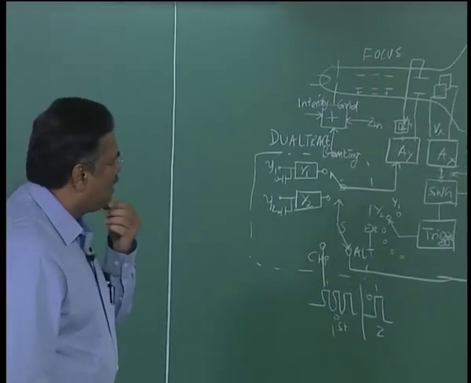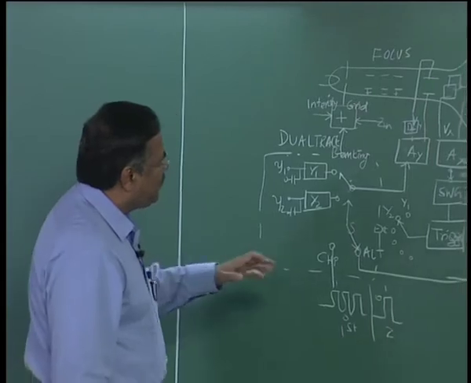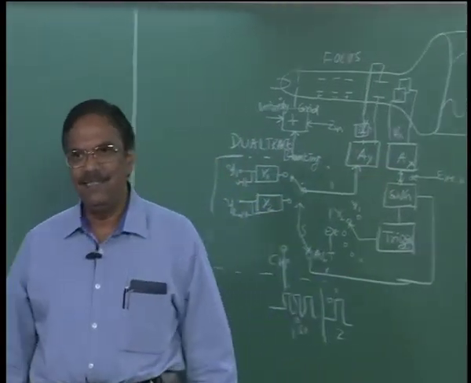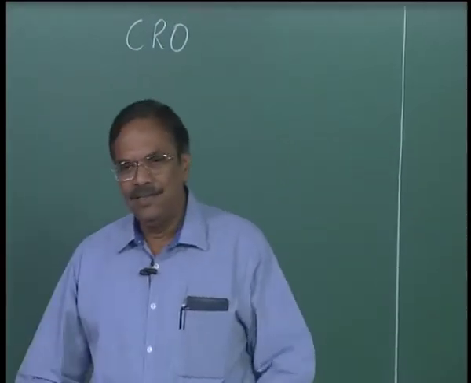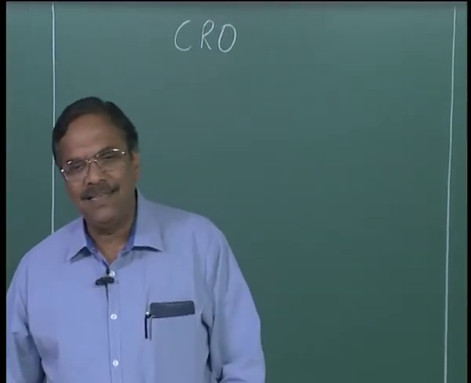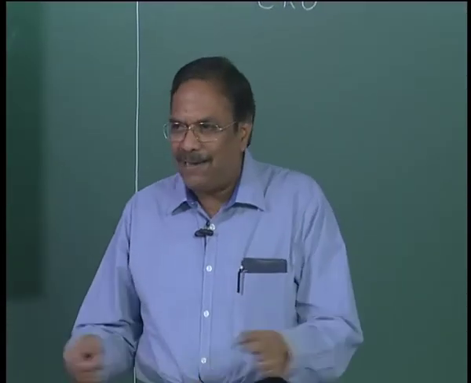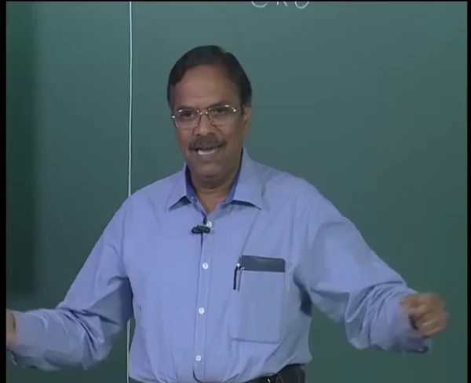Now, in the last class we said why only two Y's, why not two X's. One x axis having, let us say, 10 millisecond, the other x axis having 10 microseconds. I want to expand a small portion of the waveform and see.